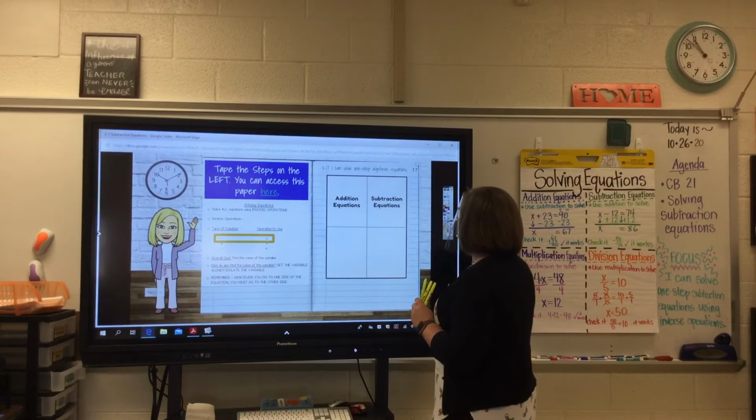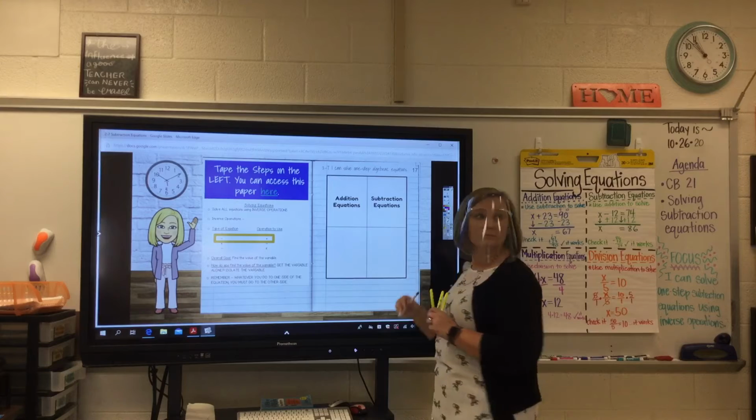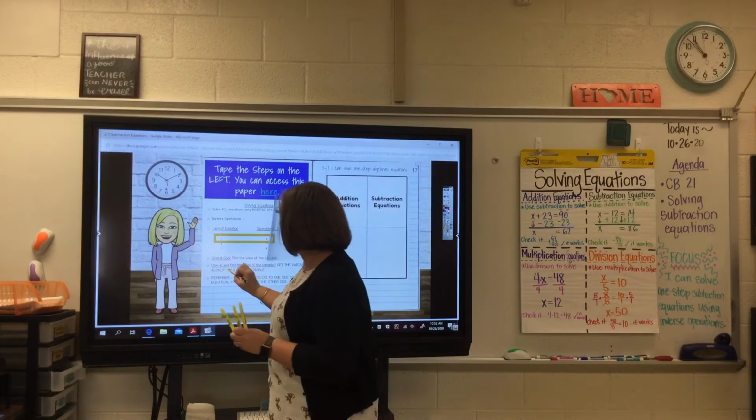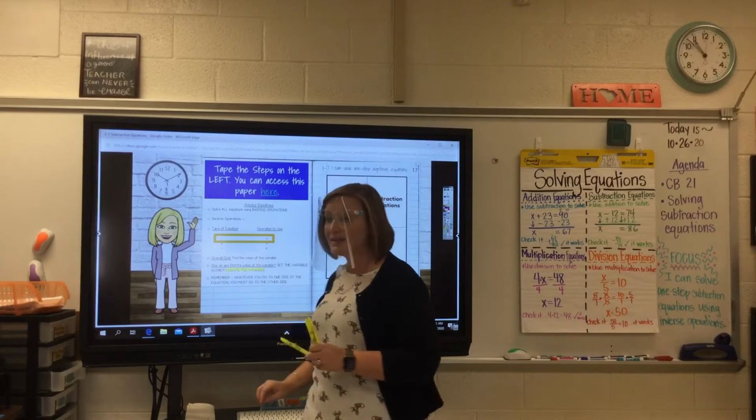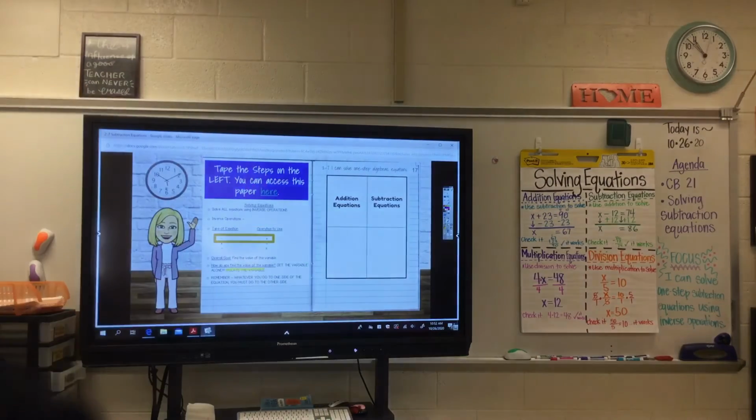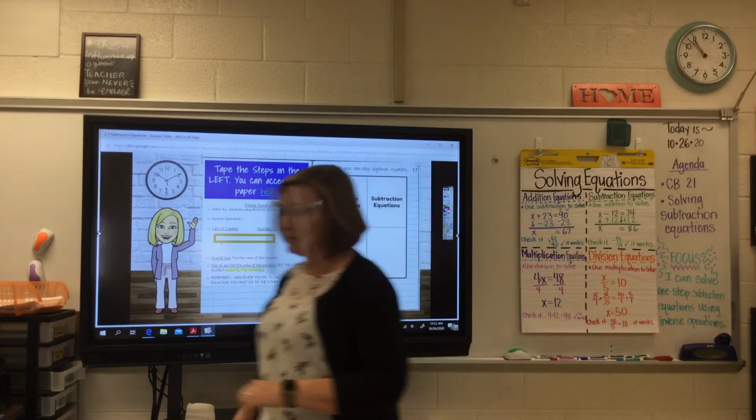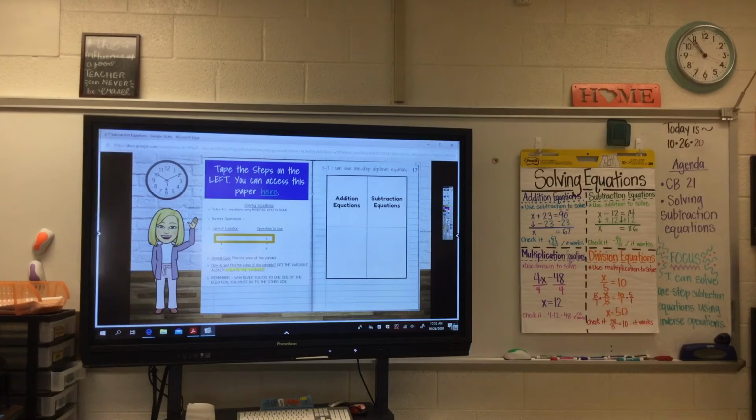If you need a highlighter, raise your hand, because I want you to highlight right here: isolate the variable. That's our ultimate goal. And isolate means to do what? To get it by itself, for it to be alone, not to be around anything else.